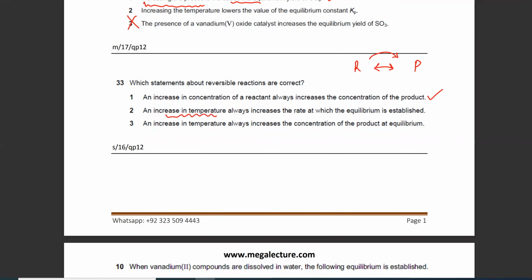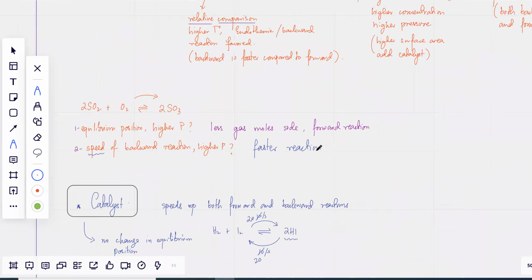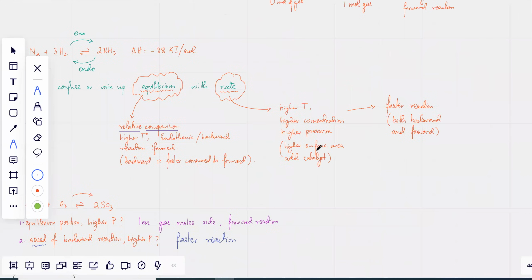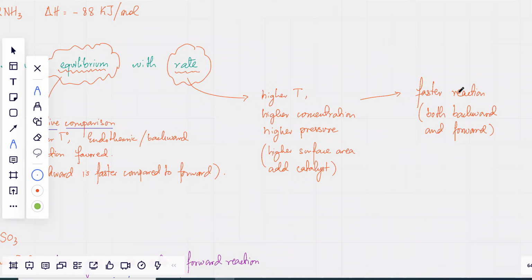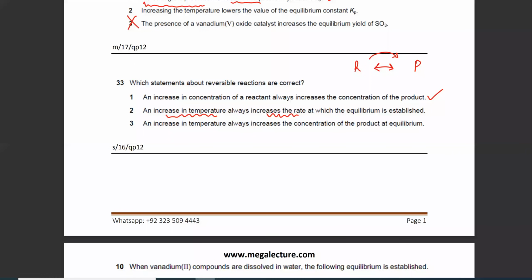So whenever you increase temperature, you always increase the speed of the reaction, whether it's the backward or the forward. So is that clear? This statement is also true. DK, is this clear?